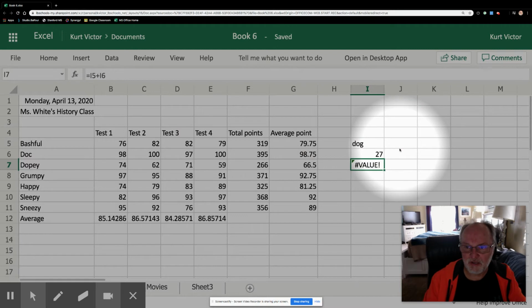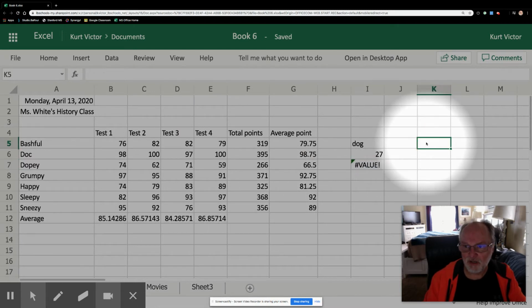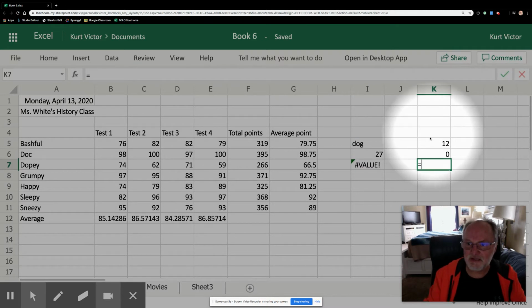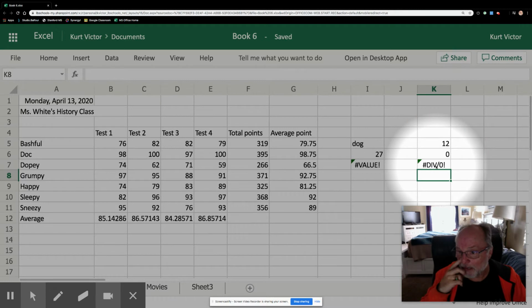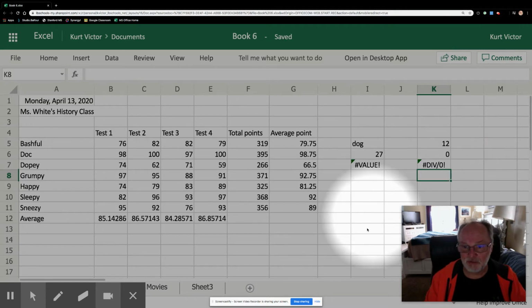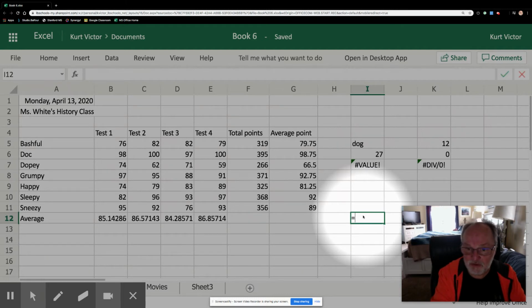You may remember that I showed you one in the past where we took a number and we divided it by 0. And you may remember in your math class that it is mathematically impossible to divide anything into 0 sets. The computer knows this, so it will give you the divide by 0 error. Similarly, it's impossible to find a square root of any negative number.